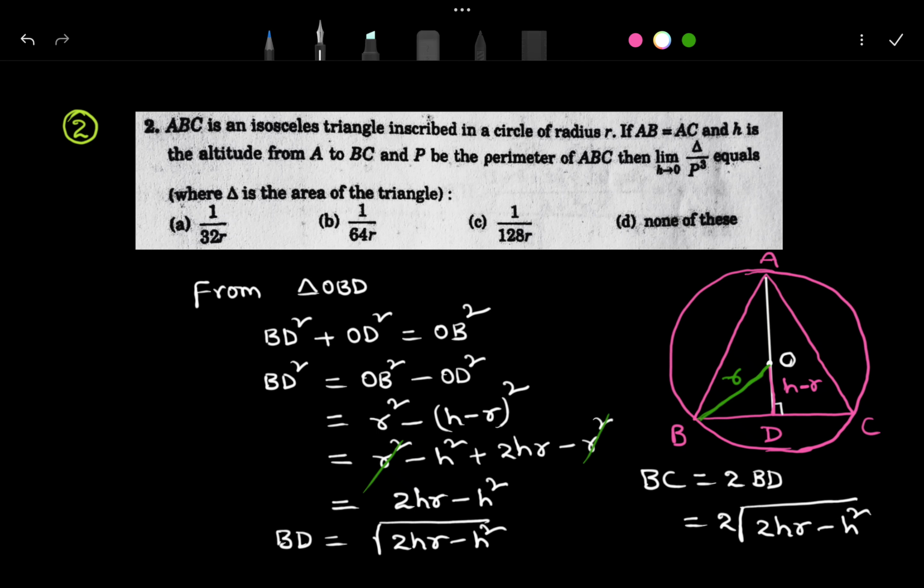I hope everyone is clear on this. Next, P is the perimeter of the triangle. Perimeter means the sum of all the sides.